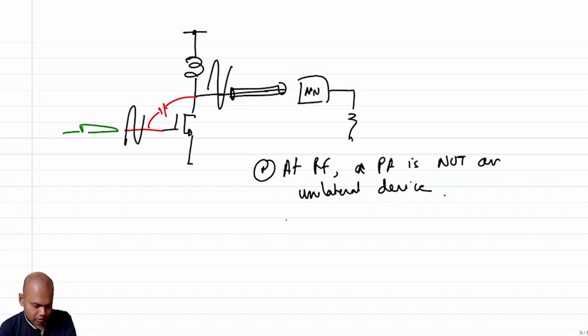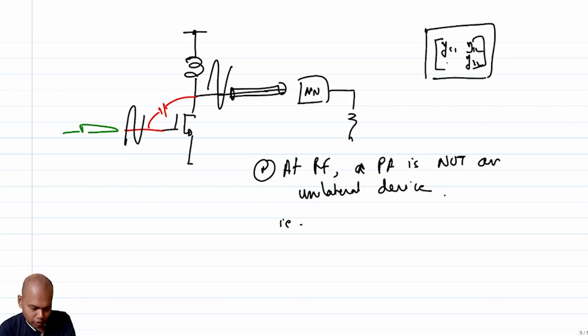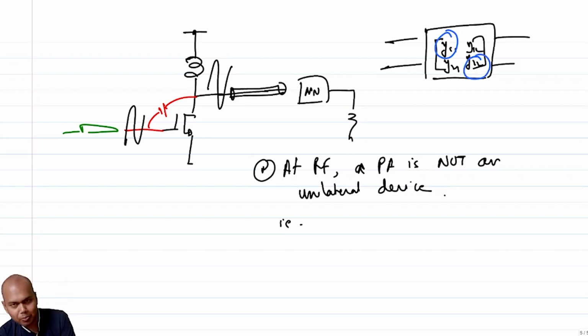right? I.e., if you go back to your Y parameter model of a two-port network, you have Y11, Y22, Y12, Y21, correct? So this kind of gives you the input impedance, this kind of gives you the output impedance, very roughly. This gives you the gain, but this gives you the feedback, right? So this is the feedback term.